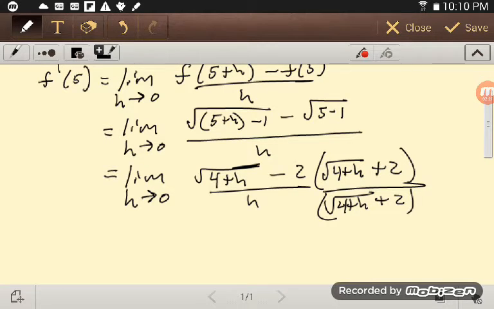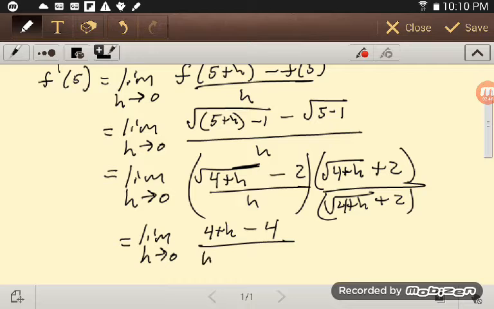And the idea is with those perfect squares, that we'll get rid of the square roots then, difference of squares. So we have the limit as h goes to 0. Get our perfect squares there, we get 4 plus h and then minus 4. And that's all over h times the square root of 4 plus h plus 2.